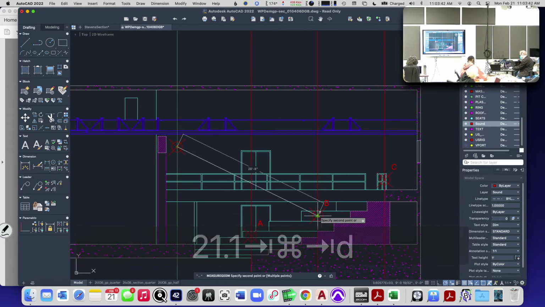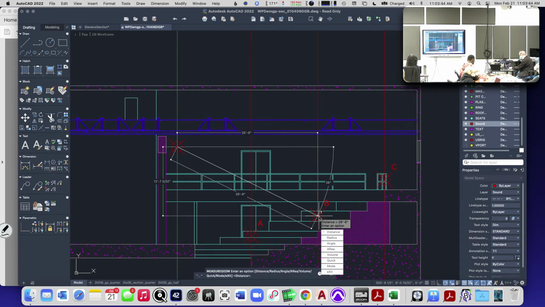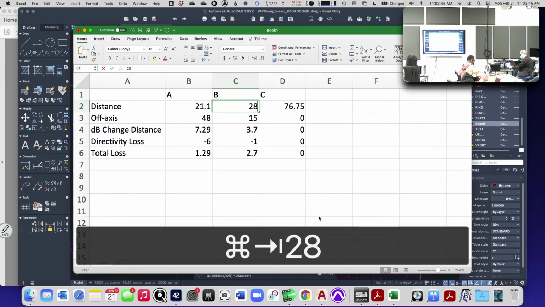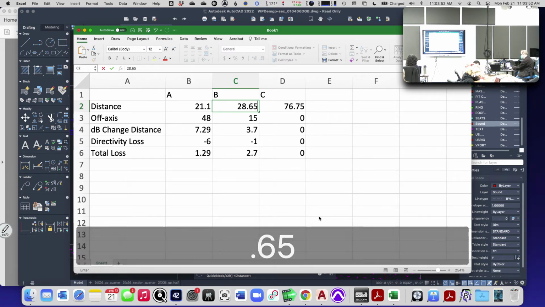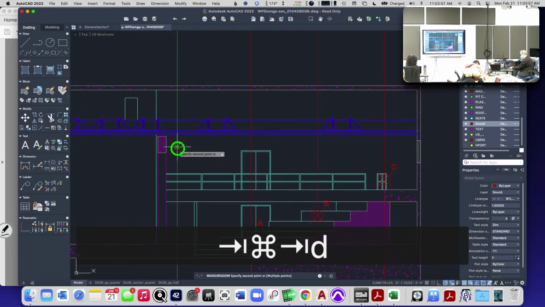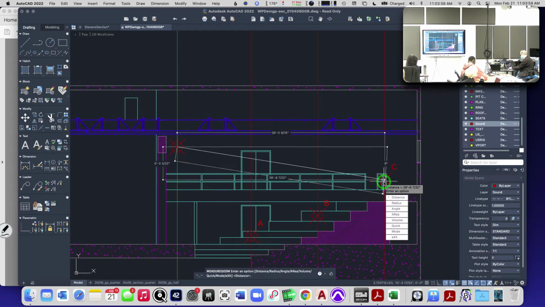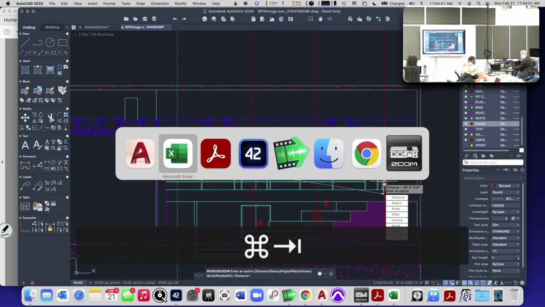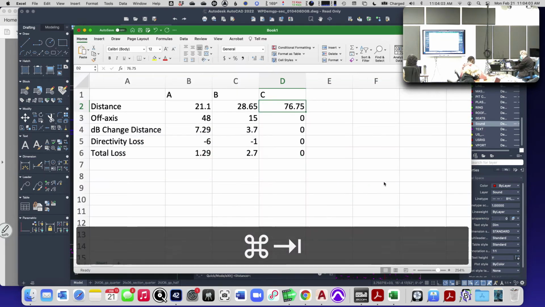To seat B is 28 feet 8 inches, so 28.65, I'll say, ish. Distance to seat C, 38 feet 6 inches, so 38.5.